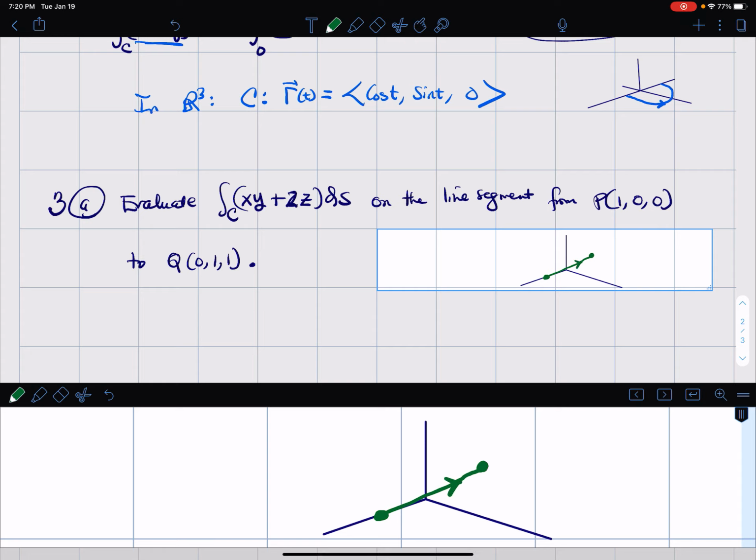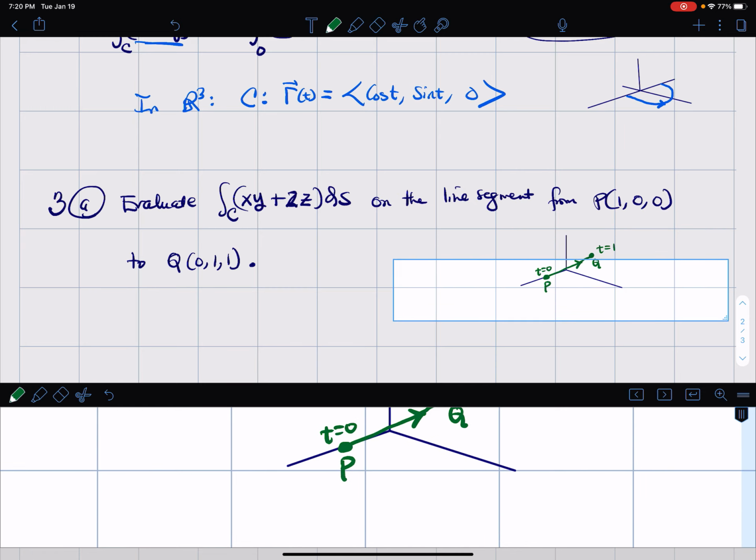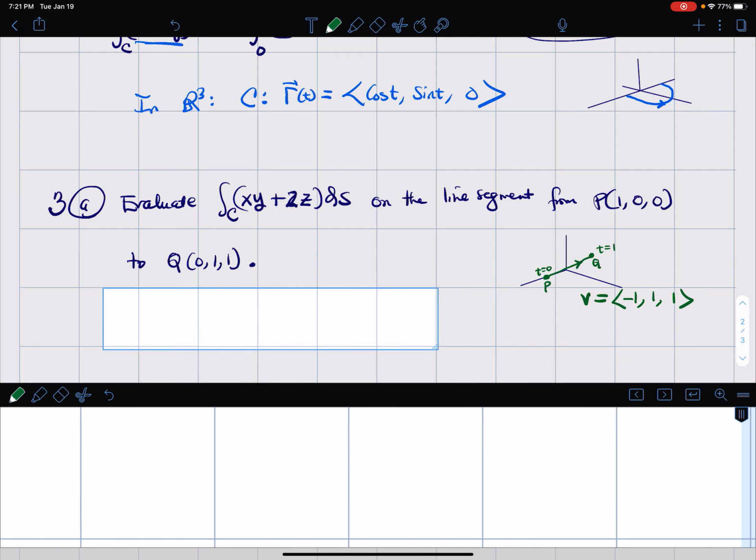This is where t has to be 0, and this is where t has to be 1. This is your P, and this is your Q. So what is your directional vector here? It's going to be V. You're going from P to Q. So 0 minus 1 is negative 1. 1 minus 0, 1, and 1. So that is your directional vector.